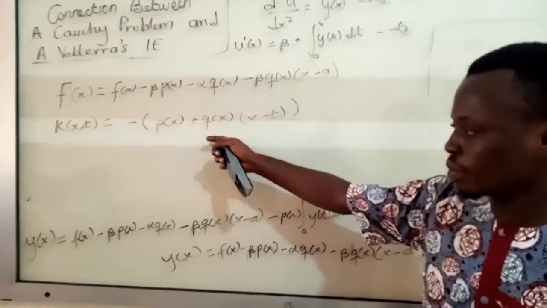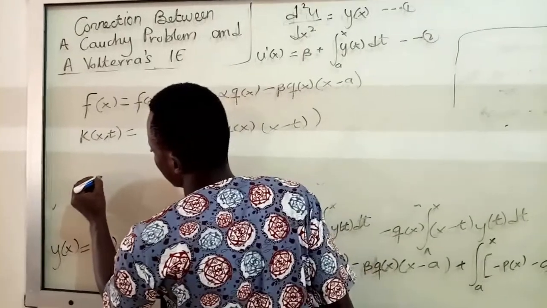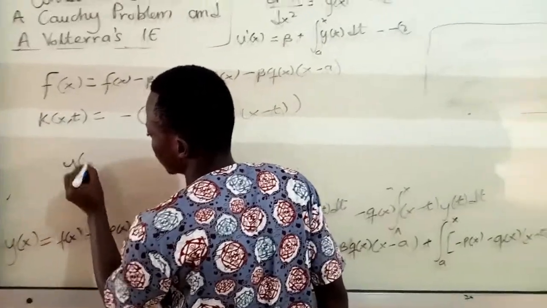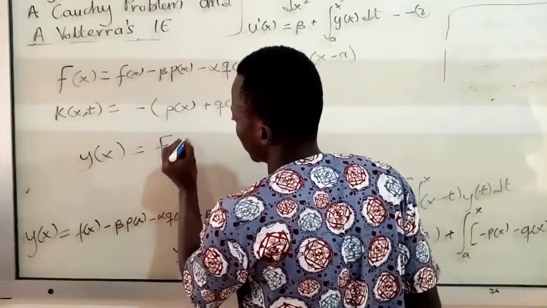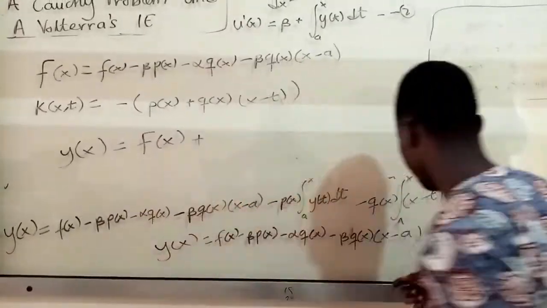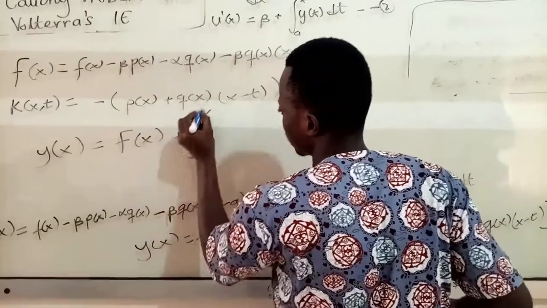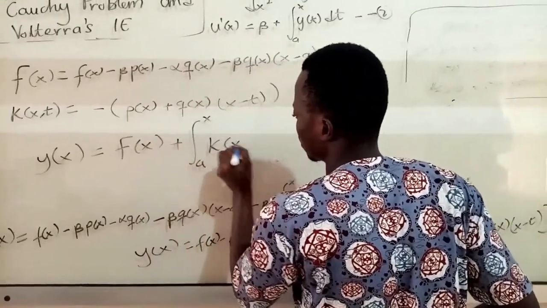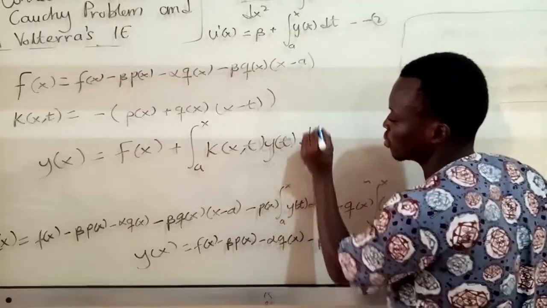So this is our kernel. This whole equation can be rewritten as y of s equal to capital F of s plus the integral from a to s of K of s, t, y of t dt.